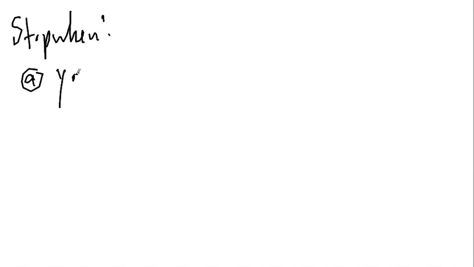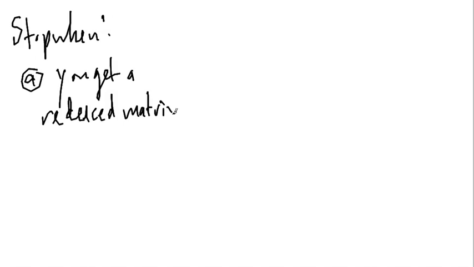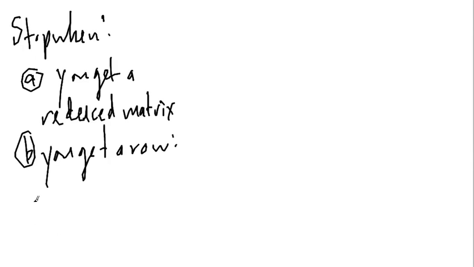And so when do you stop? You stop when one of two things happens. A, you get a reduced matrix, or B, you get a row that looks like this.